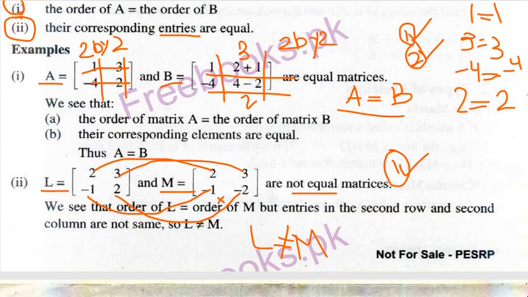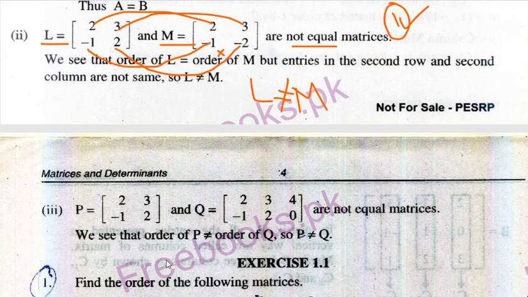Let's move to the third example. There is a matrix P and a second matrix Q. Let's check the first condition. The order of matrix P is 2 by 2.